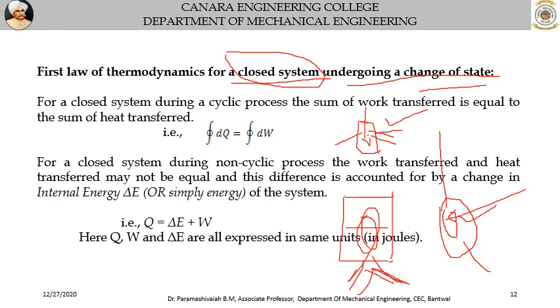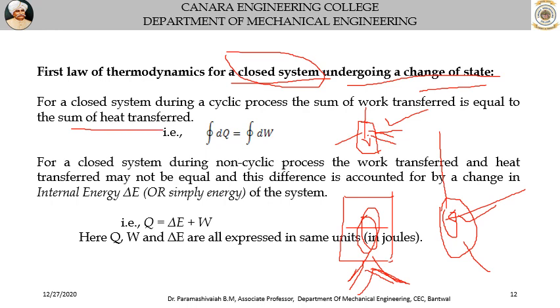Then when you supply the heat, there will be a change in the state. Temperature increases, pressure increases, and the volume also increases. So in that case, for a closed system during a cyclic process, the sum of work transferred is equal to the sum of heat transferred.